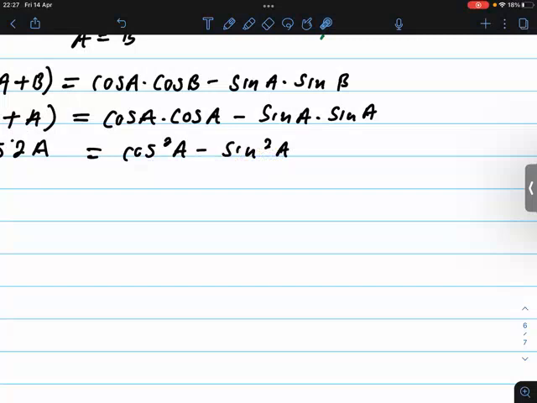Isn't it difference of two squares? Exactly. So please put it as a side note: this is cos A minus sine A times cos A plus sine A. Every time you see this, just remember that, especially when you're factorizing or simplifying. Quickly remember this.